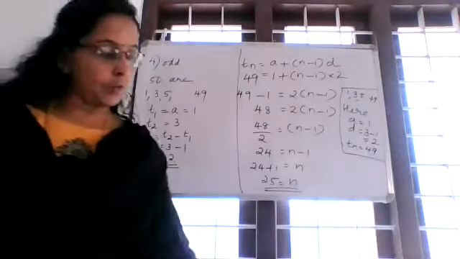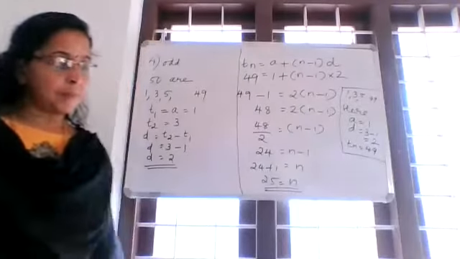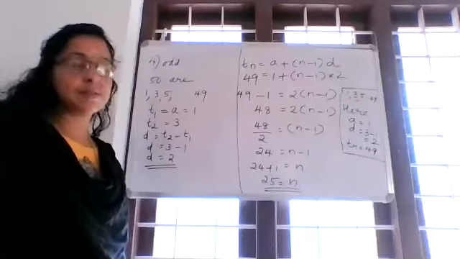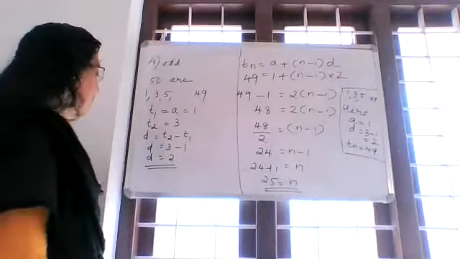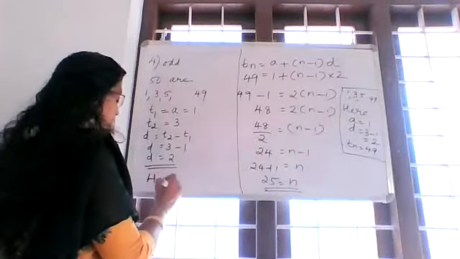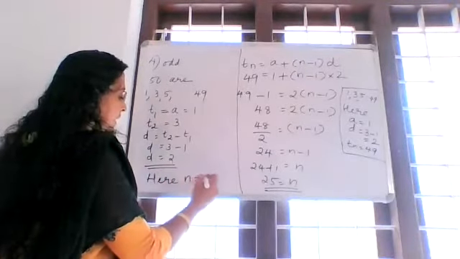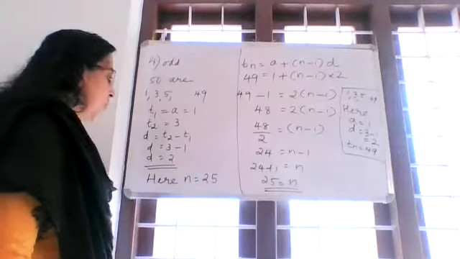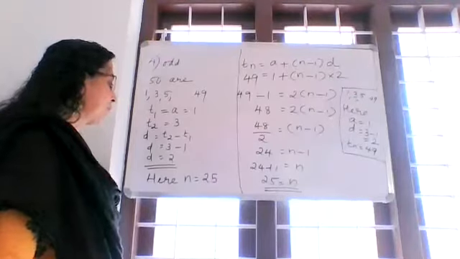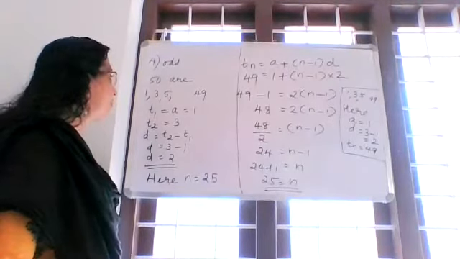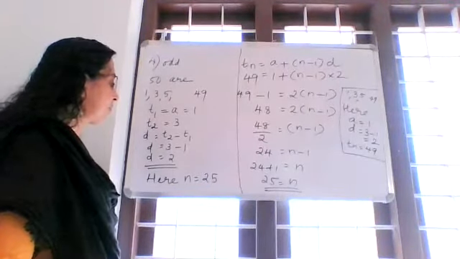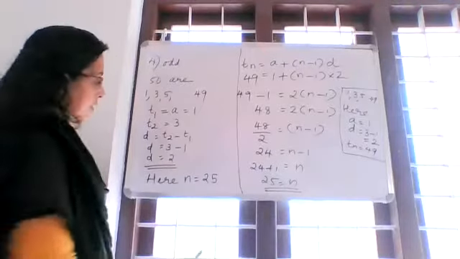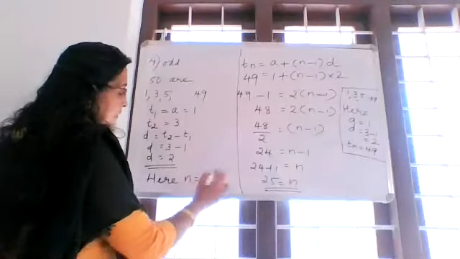What we want to find out? Find the sum of odd natural numbers less than 50. Here n is equal to what? Here n is equal to 25. That much is enough for the exam.